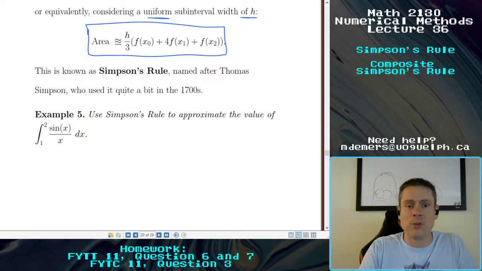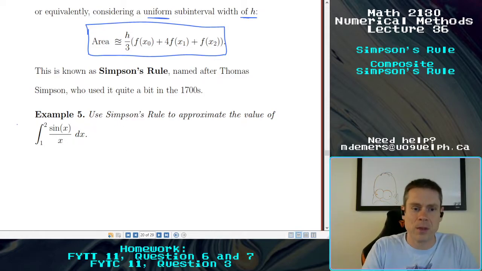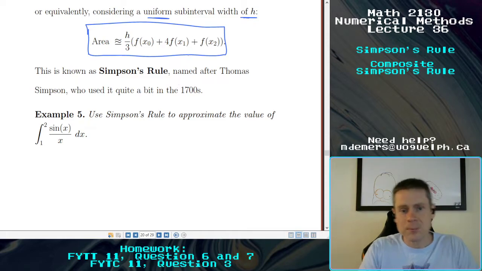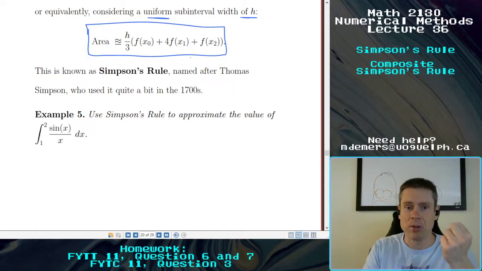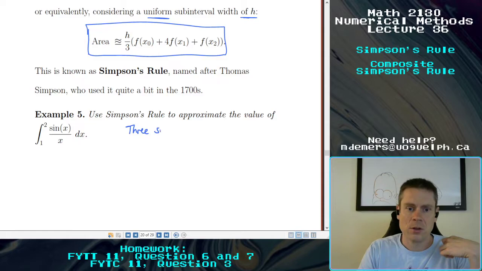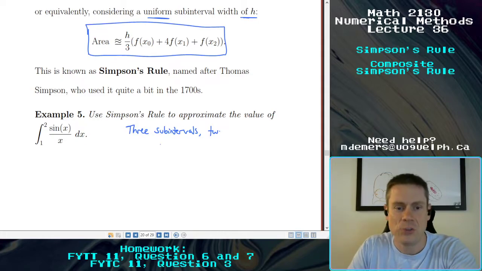So we're going to use Simpson's rule to approximate the value of the integral of sine of x over x. In general, for Simpson's rule, we have exactly 2 subintervals and 3 nodes. So let's start by writing that down. 3 subintervals, 2 nodes, I'm silly. 2 subintervals and 3 nodes. Let's try that again.